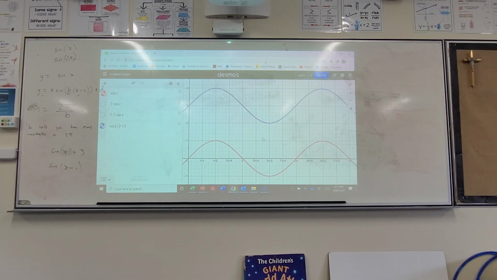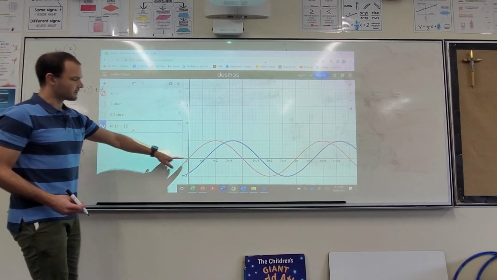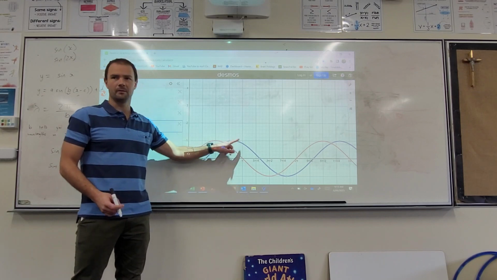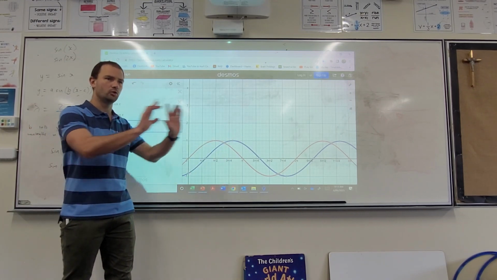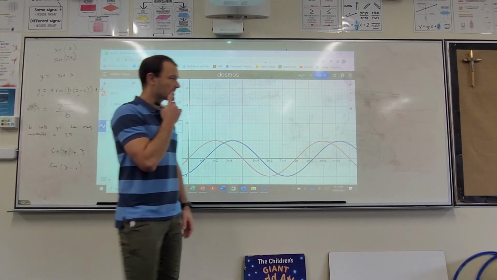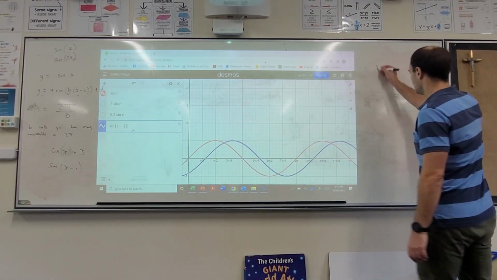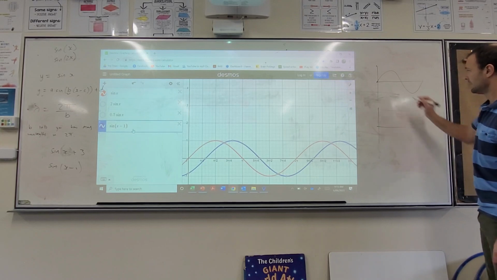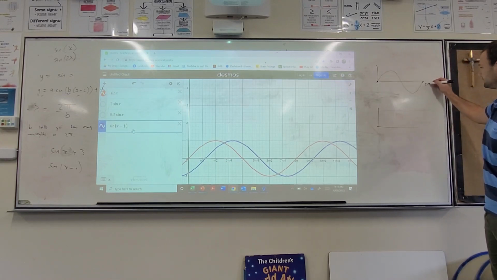And then the last one is a horizontal translation, right? So that occurs when it's in brackets, all right? And so if this is the sine of x function, this is the sine of x take away 1 function, all right? We moved it 1 unit to the right. And just quickly, the way we would sketch that, okay, if here's the sine of x function, here's 0, here's 2 pi.